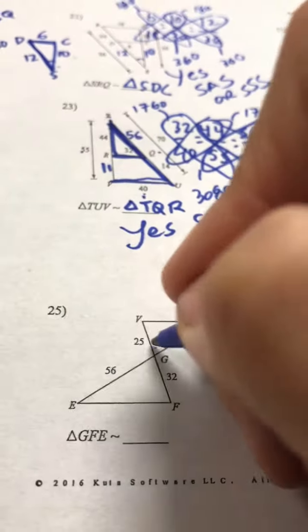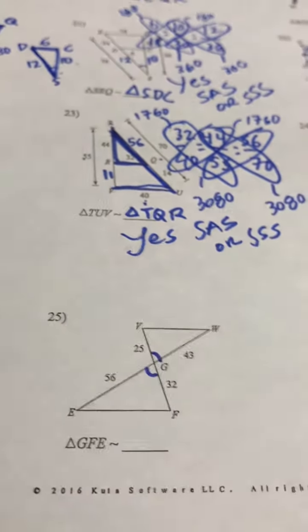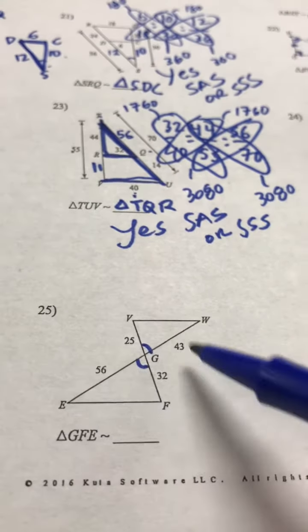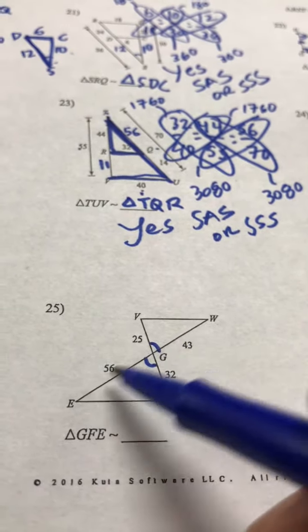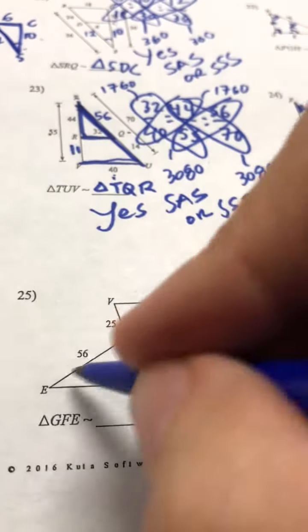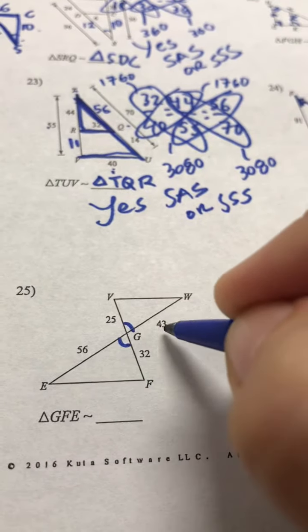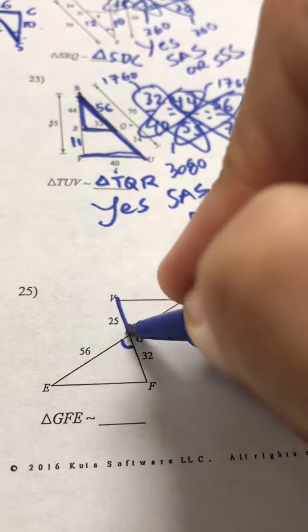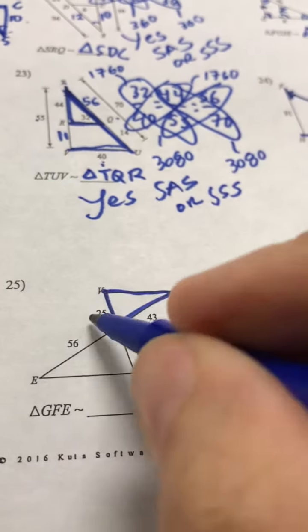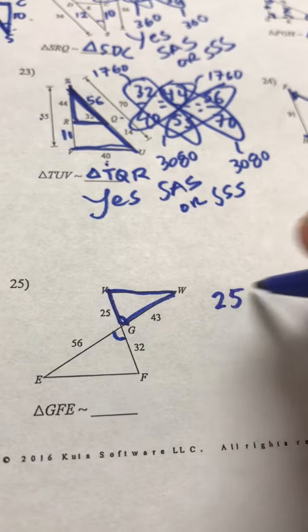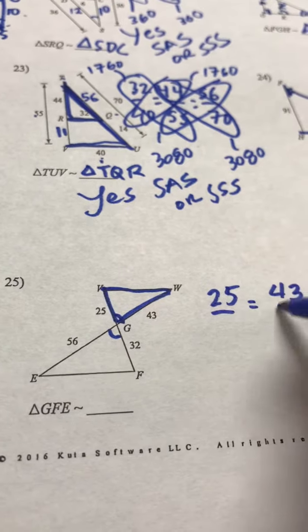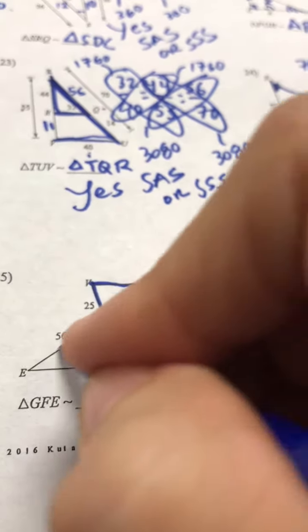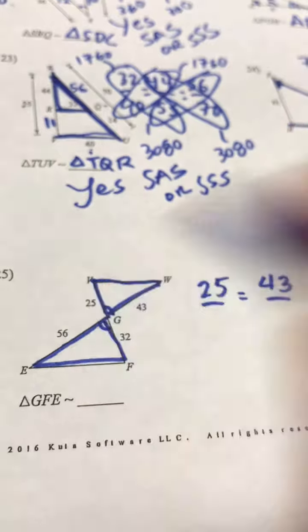Last question. Now we know these angles. We don't know what their measurement is, but we know they're equal. So this could be side angle side, side angle side. Okay, let's set them up small, medium. So in the small triangle, I have 25 and 43, excuse me. And in my big triangle, I have 32 and 56.